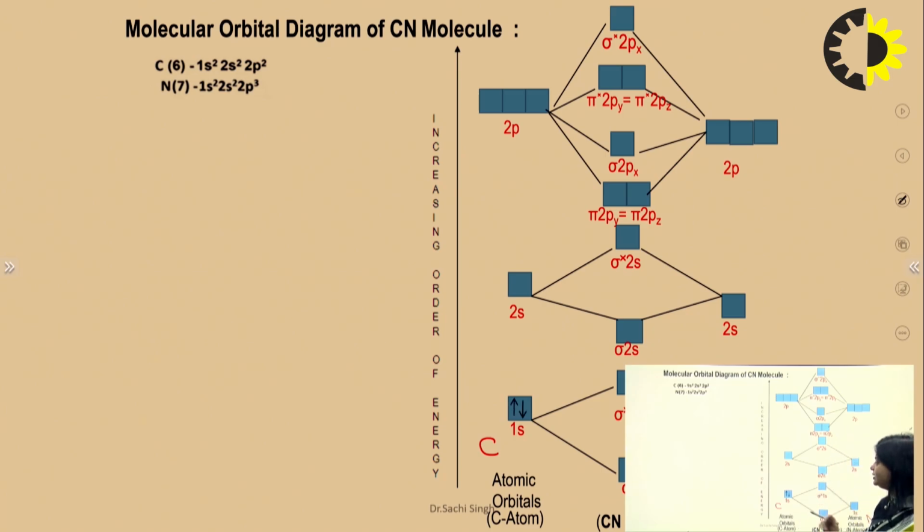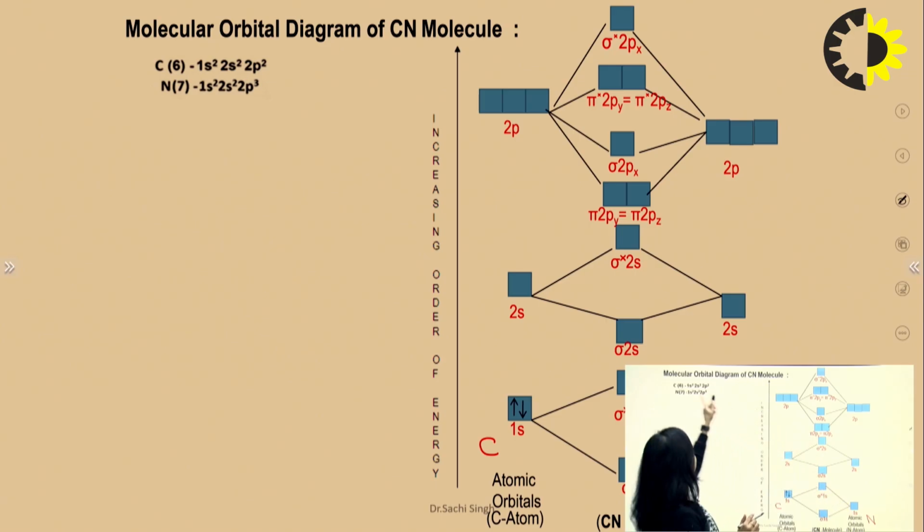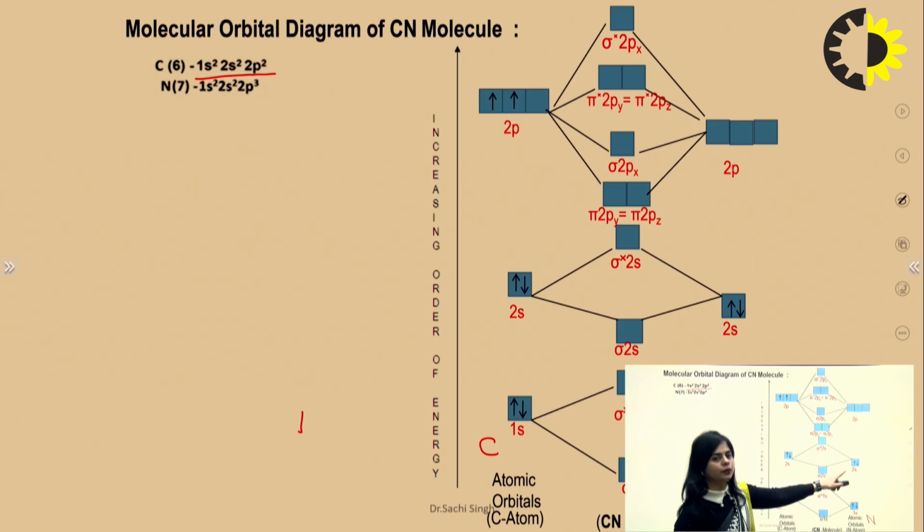In that case, what is the configuration? Carbon is written here as 1s2, 2s2 and 2p2, and for nitrogen, 1s2, 2s2 and 2p3.